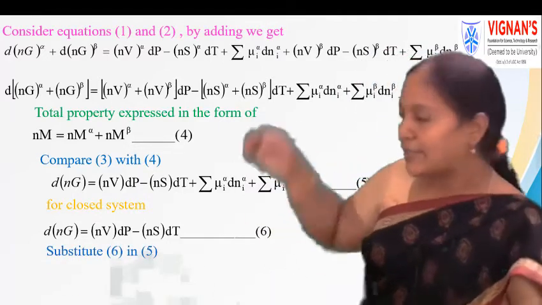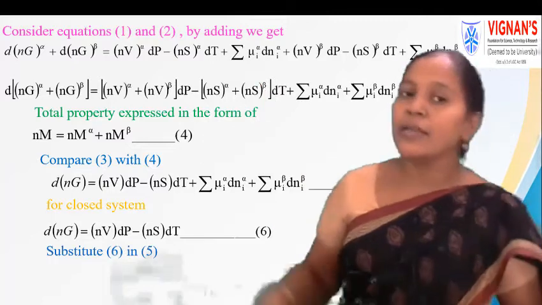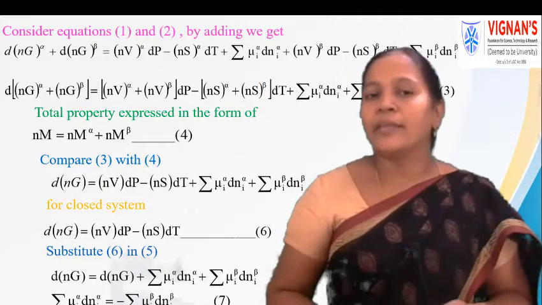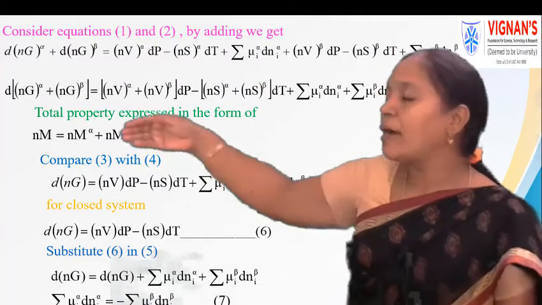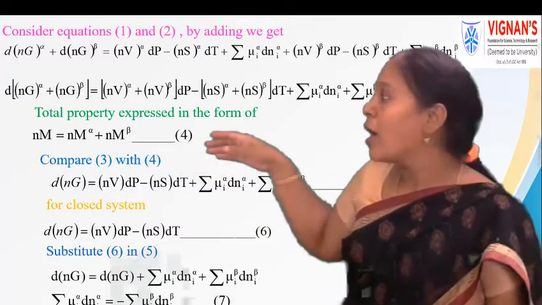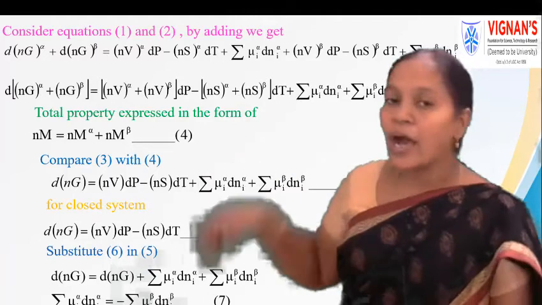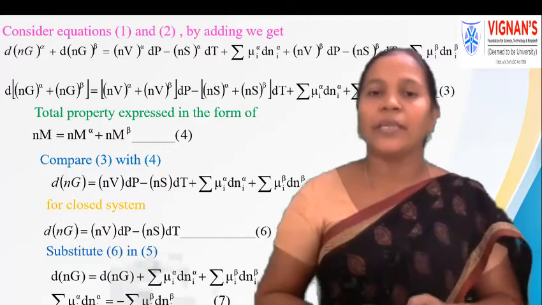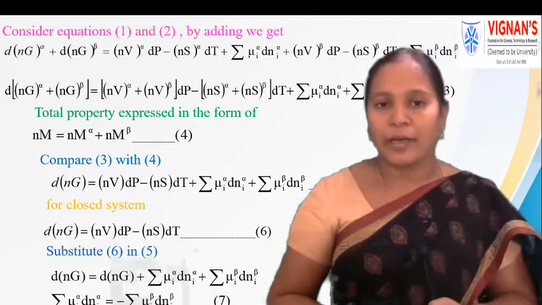Substitute equation 6 in equation 5. Then we get d of nG equals d of nG plus sigma mu i alpha dni alpha plus sigma mu i beta dni beta.